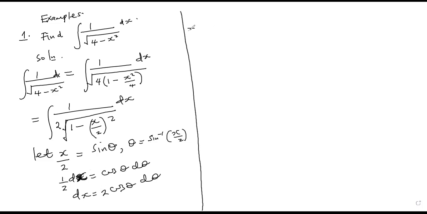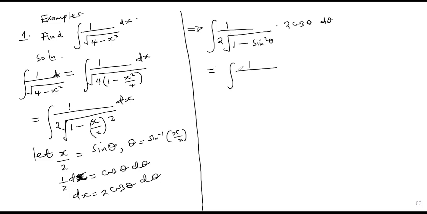Then here, it implies that the integral will be the integral of 1 over 2, all right? Then square root of 1 minus x over 2, which was sine theta, meaning that this one will be sine squared theta, times dx. Dx is the same as 2 cos theta d theta. The 2 will cancel with the 2, and you remain with the integral of 1 over the square root of 1 minus sine squared theta.